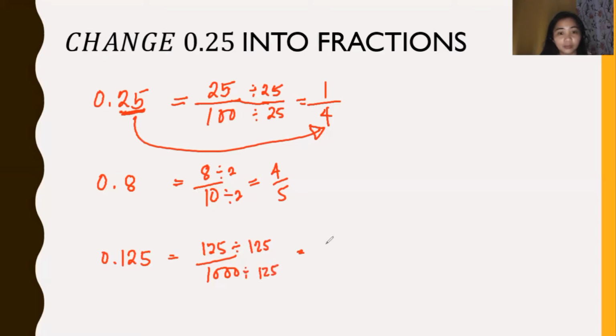So we have 125 divided by 125 is 1, and 1000 divided by 125 is 8. The answer is 1/8. So therefore, 125 thousandths is equal to 1/8, and 8 tenths is equal to 4/5.